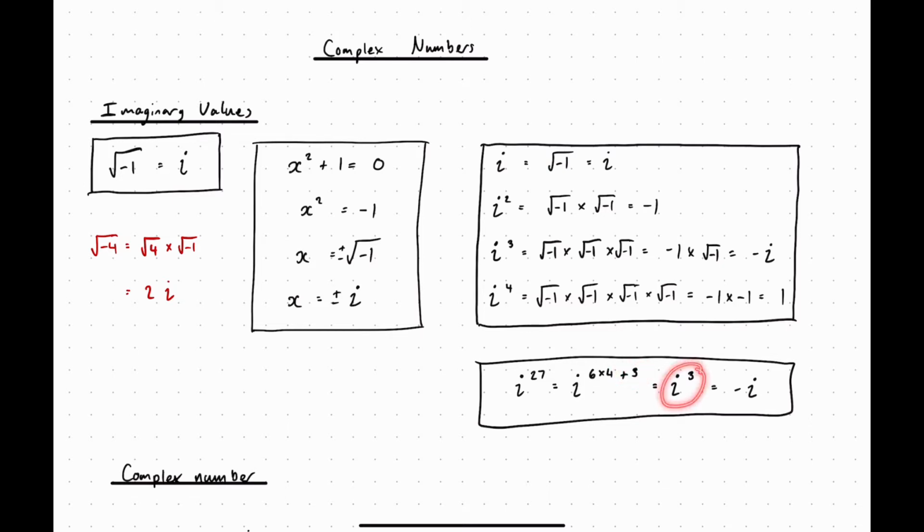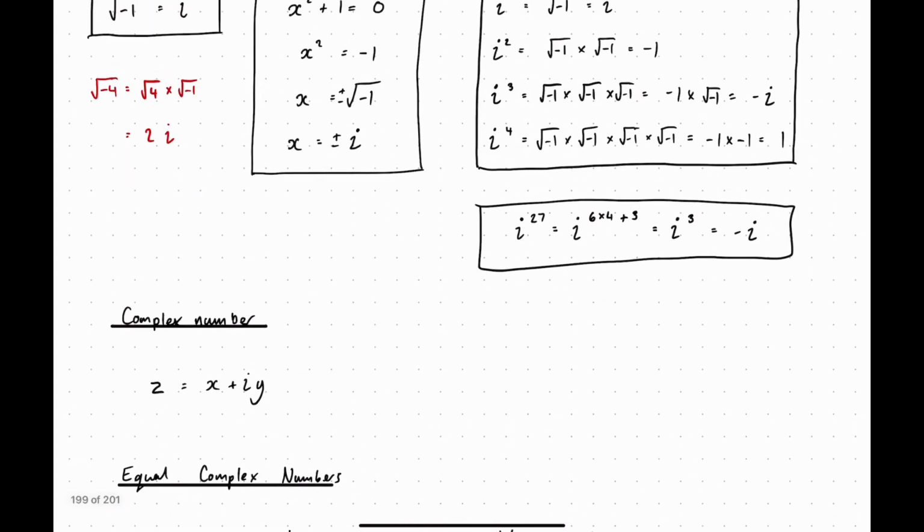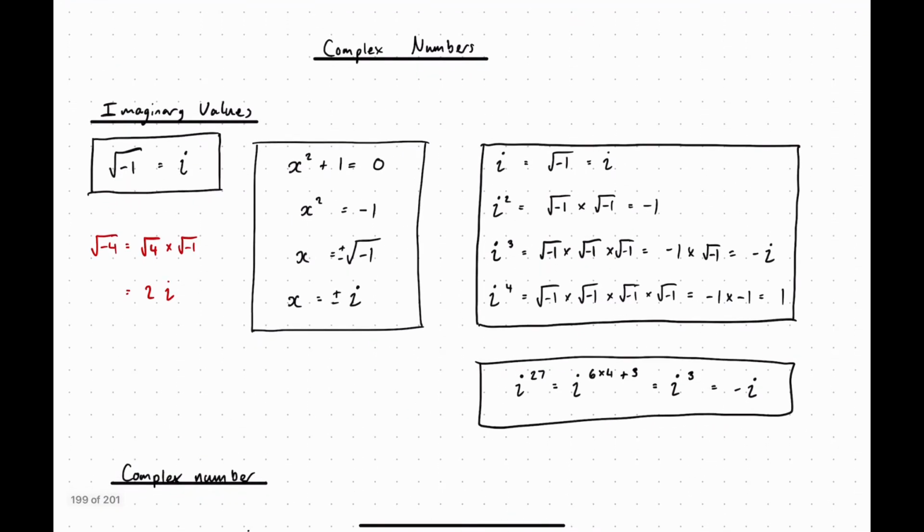That is the same as saying that i to the 27 is the same as i cubed, and i cubed is just negative i. So that's one of the little things you can do with high powers of i: divide by 4 and keep the remainder. That's pretty much it from exercise 11a.